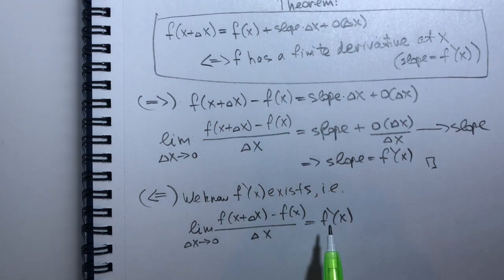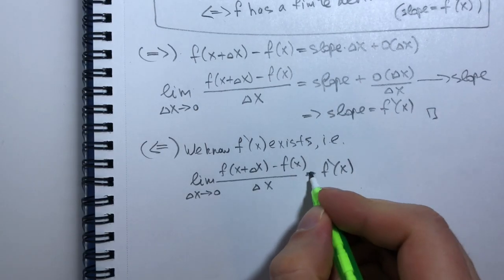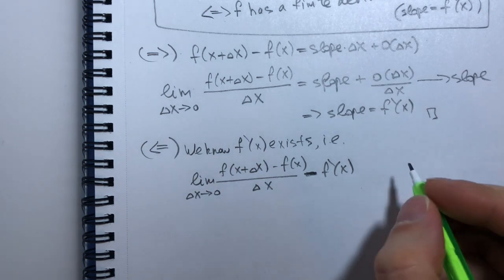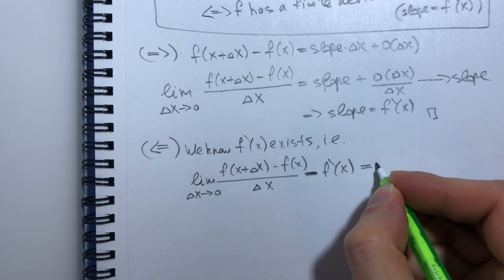What if we now subtract f prime of x, it's a number, from both sides to get this limit minus f prime of x equals 0.